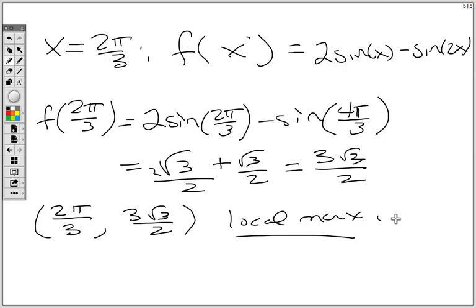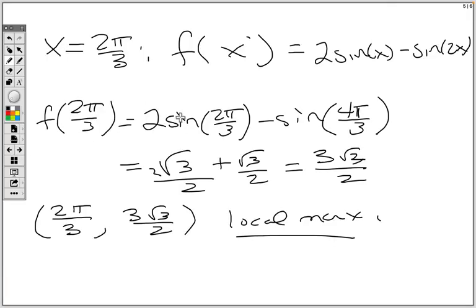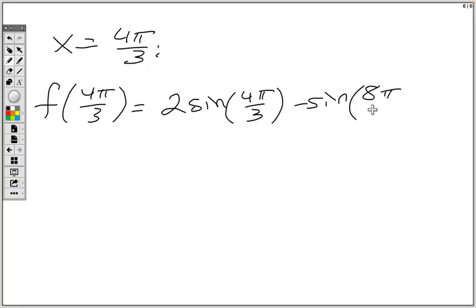And now we're going to substitute in 4 pi over 3 to figure out where the local min is. So it'd be 2 times the sine of 4 pi over 3 minus the sine of 2 times 4 pi over 3, 8 pi over 3.